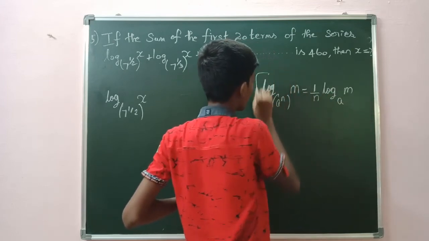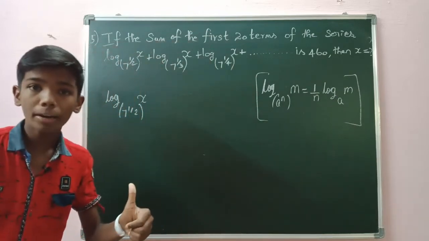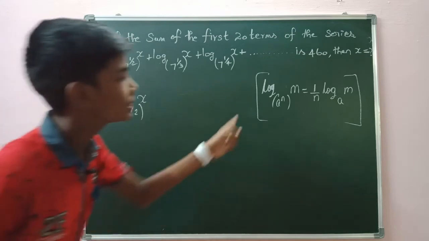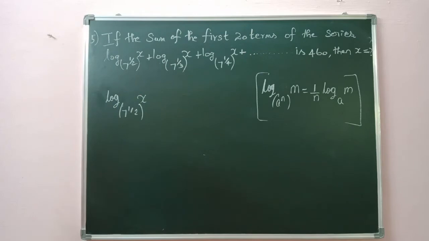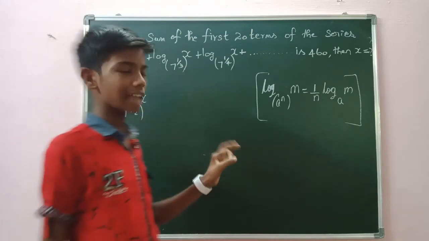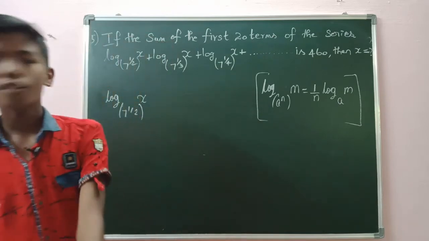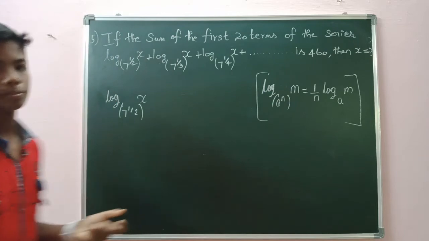This is not the basic logarithm property, it's a little higher level. You may ask why I say base first and then m. That's my way of telling. Your way could be log of m to the base a power n. Anything is the same.